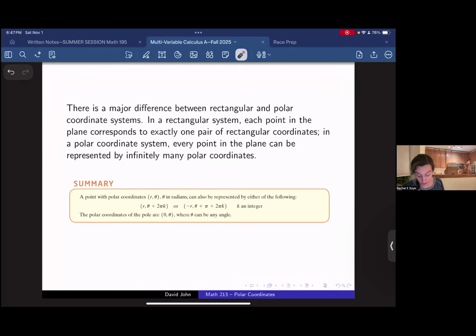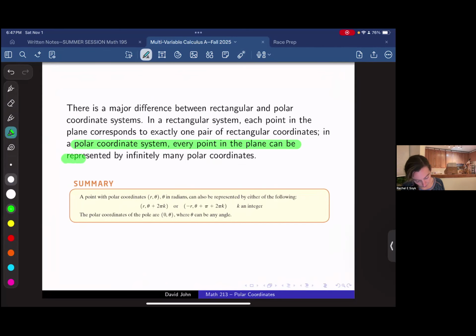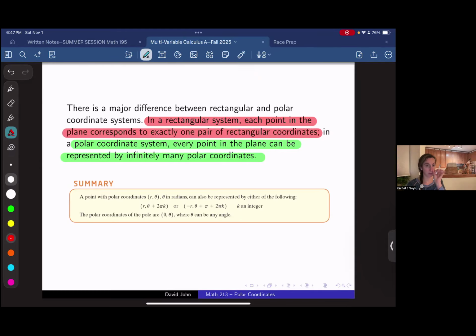And then we can also look at it as the negative r value, so the opposite direction. So why don't I highlight this part? Polar coordinate, every point can be represented by an infinite number of polar coordinates, whereas the rectangular system is fixed. We have just an exact pair. Okay.